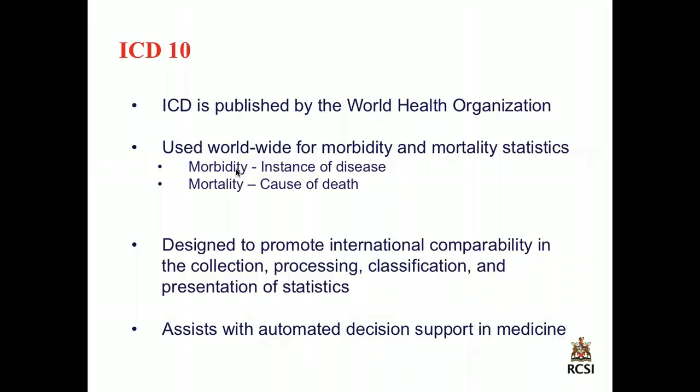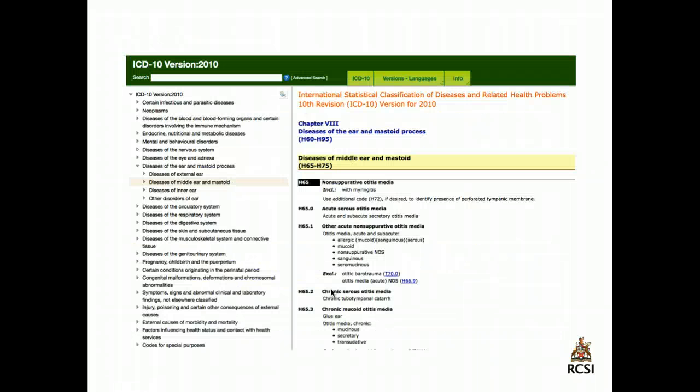That's pretty important when it comes to organising resources, people, training, equipment. They need to know what's going on. So it gives us comparability internationally for the collection, processing, classification and presentation of statistics. It also helps with automated decision support, but these are different types of systems.